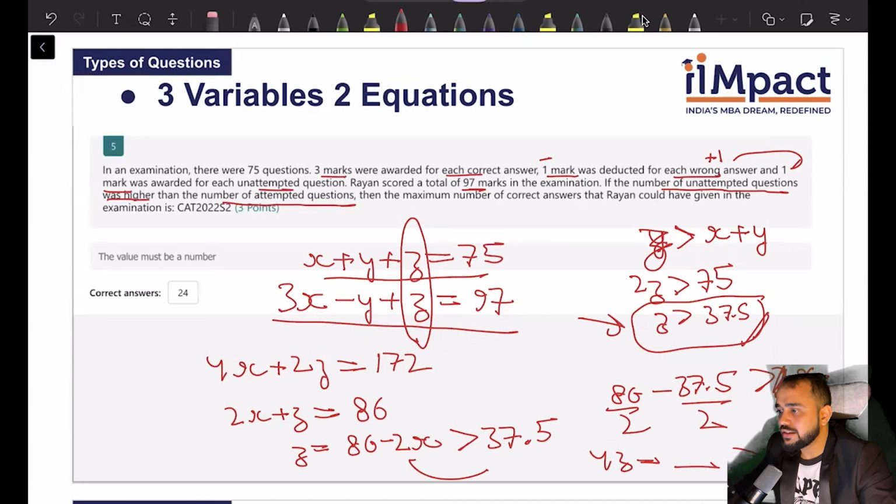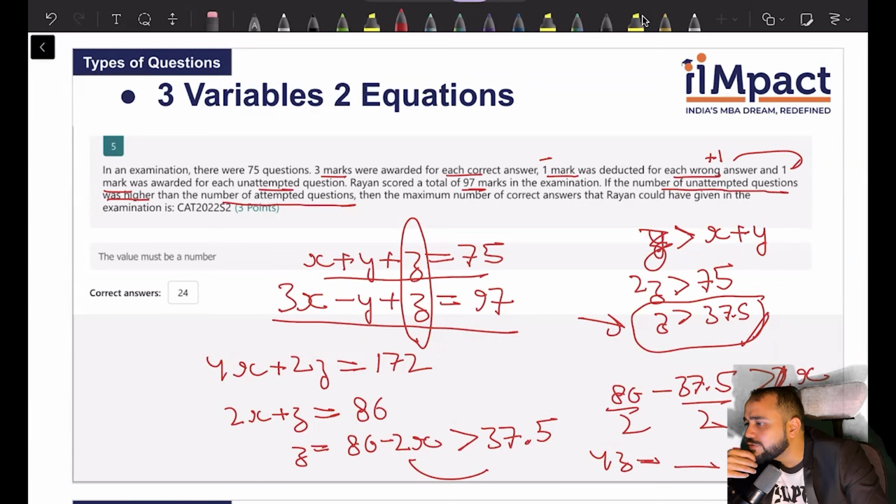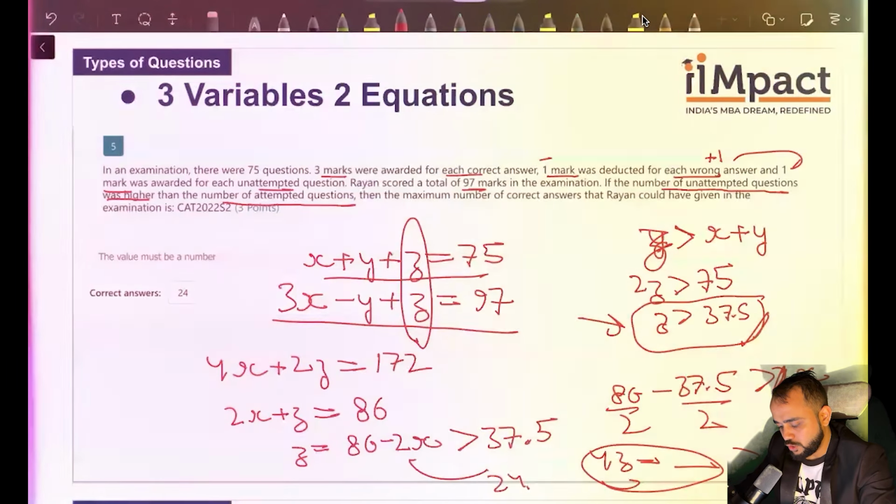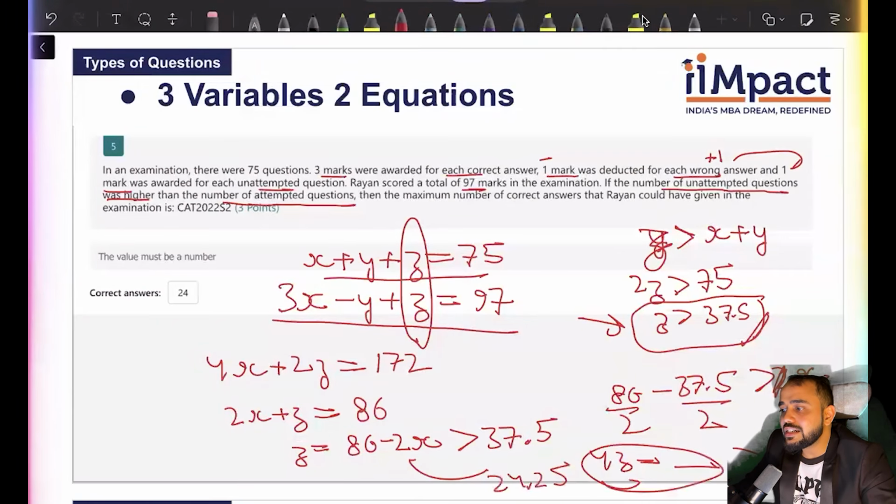So 43 minus 18.75, which is, let's say, 43 minus 19, which is going to give you 24. Basically, you got this value as 24.25. So which is the next integer less than 24.25? 24. So 24 is the answer.